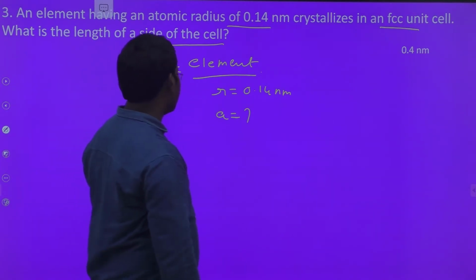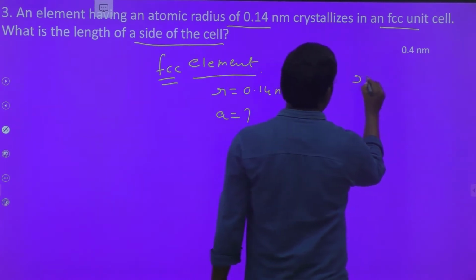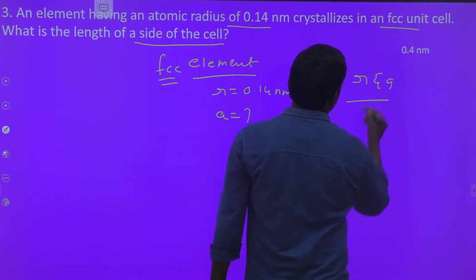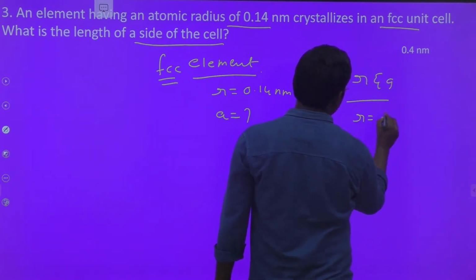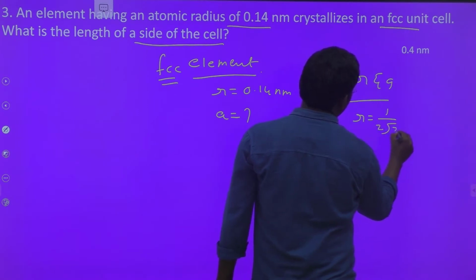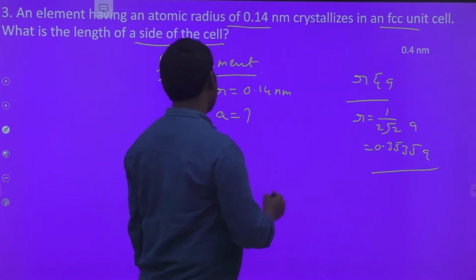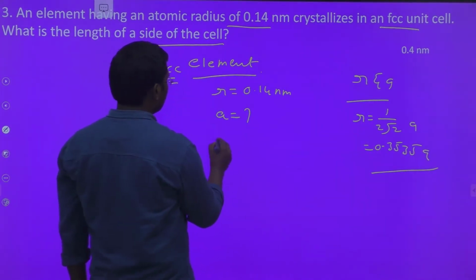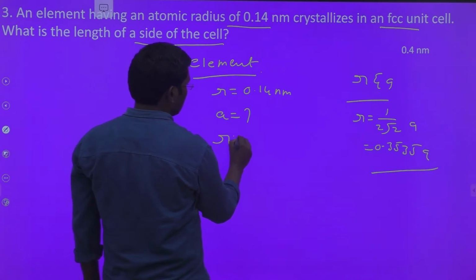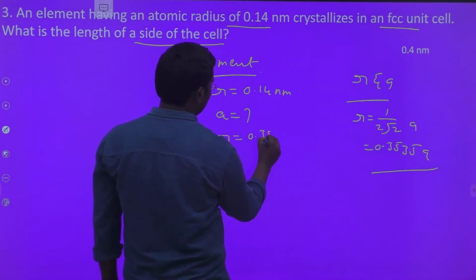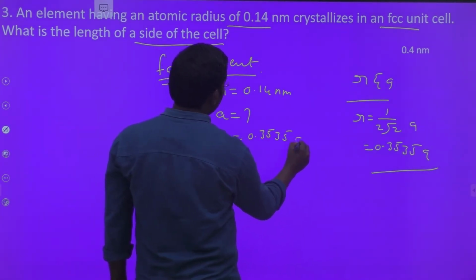Relation between r and a in FCC: r is equal to 1 by 2 root 2 a, that is equal to 0.3535 a.